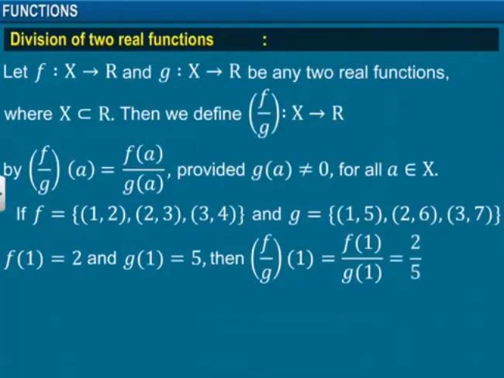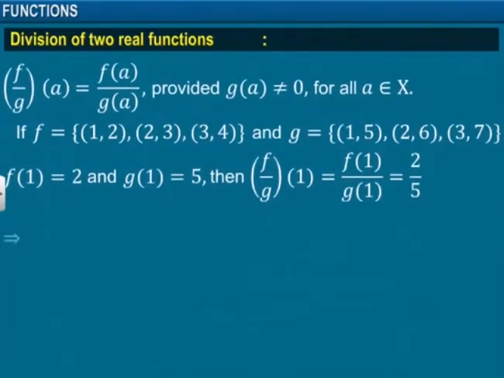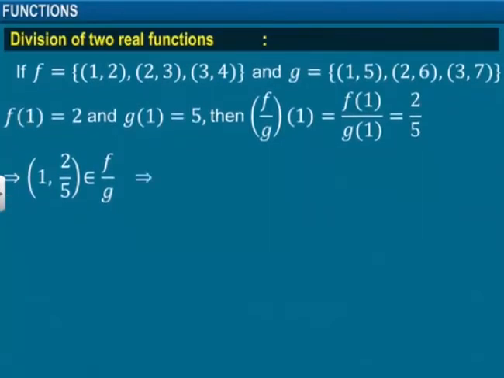Similarly, you can get two more ordered pairs. Hence, function f divided by g has three ordered pairs: (1, 2 divided by 5), (2, half), and (3, 4 divided by 7).